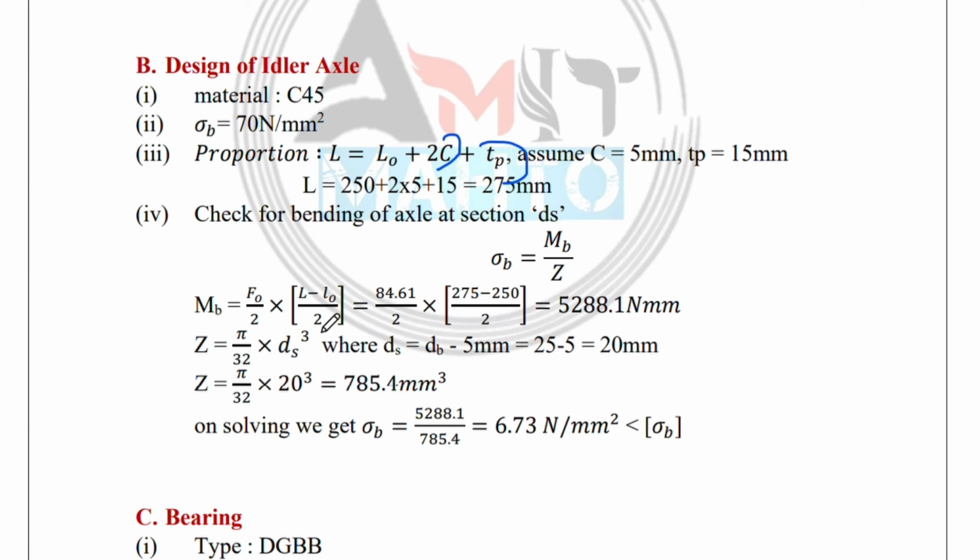So put all the values here and substitute, and you will get the moment, 5288.1 Newton mm. As you get the moment, next we will find Z. For Z, pi by 32 into ds cubed, where ds is equal to dB minus 5 mm. So what is dB here? dB will be 25.